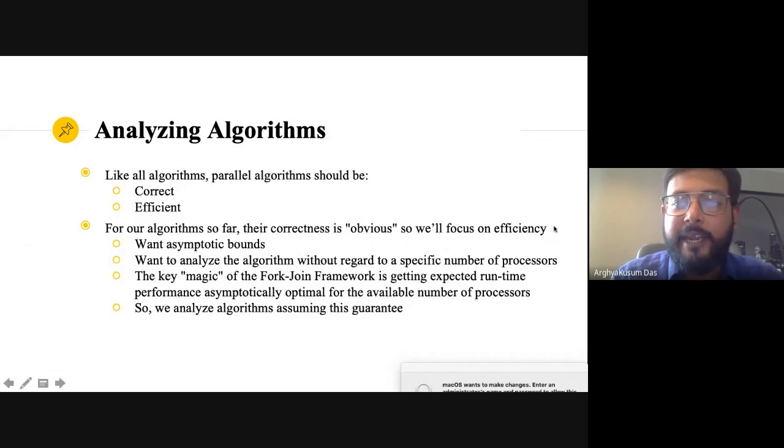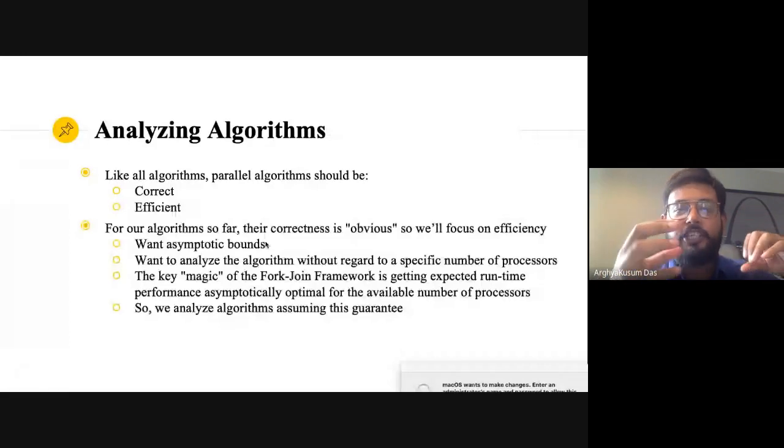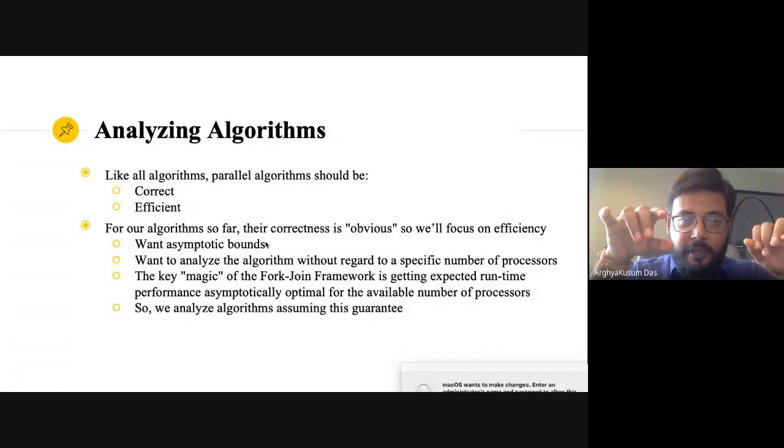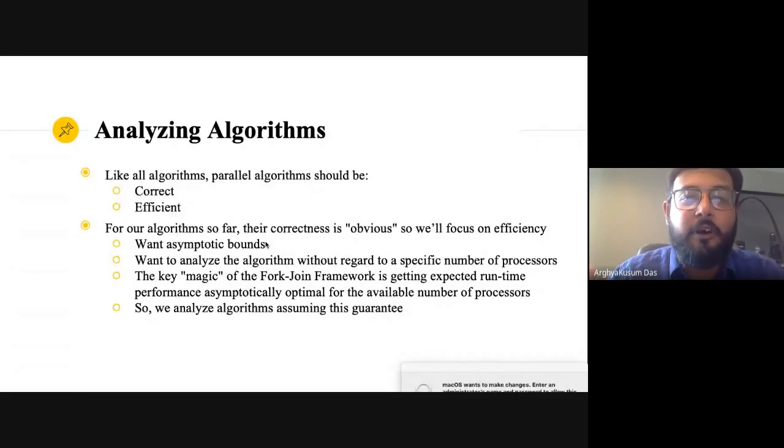And whenever it comes to efficiency, it's about the asymptotic bounds for different algorithms. Asymptotic bounds means we are trying to create a function which depicts the time of computation in terms of the number of data elements. So we will express the time as a function of the number of data elements.